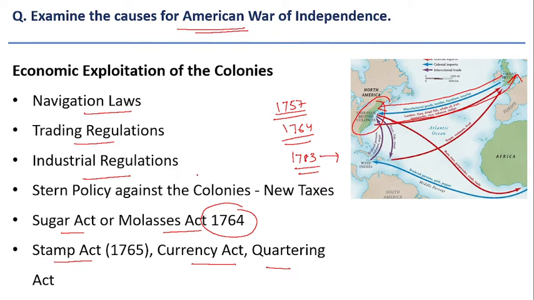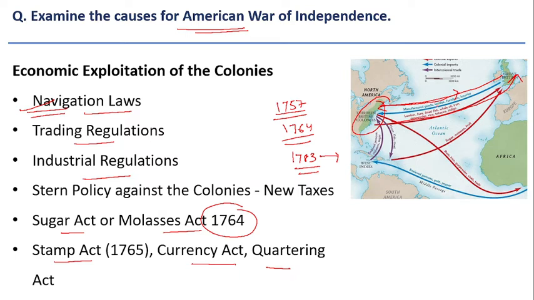So they mainly used these colonies as a source of raw material, and they used these raw materials in their manufacturing companies, and these manufactured goods were dumped into the colonies. Through the navigation laws, these colonies had to export their goods only through British ships.